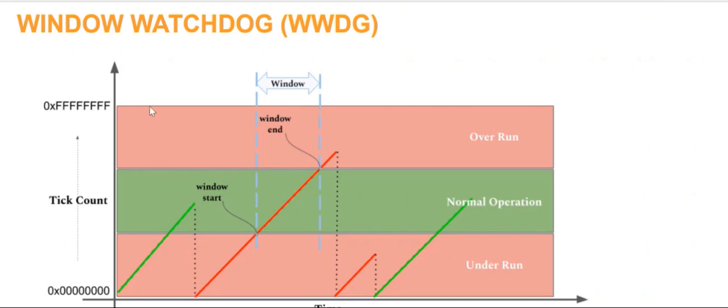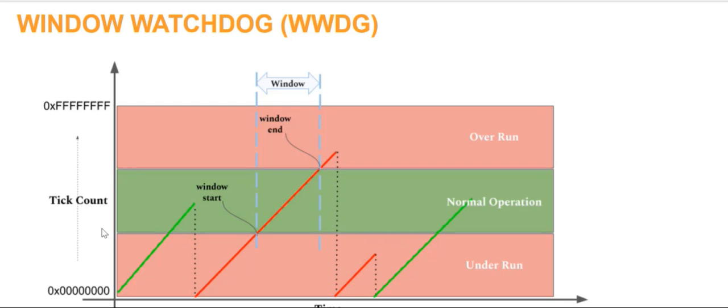In normal WatchDog, if my WatchDog is not refreshed within this timeout value, then a reset occurs. But in window WatchDog, we provide a window, a minimum time and a maximum time. Let's suppose the upper timeout value is 10 millisecond, and then the window time, this green region, is 5 millisecond to 8 millisecond.